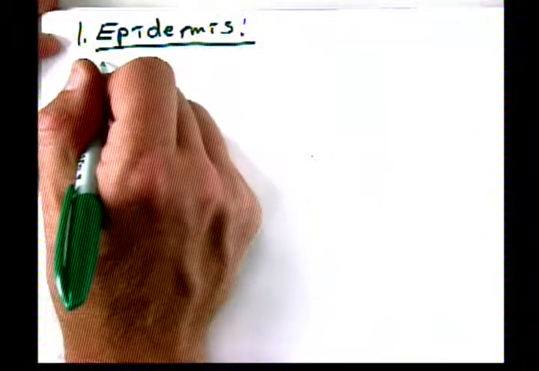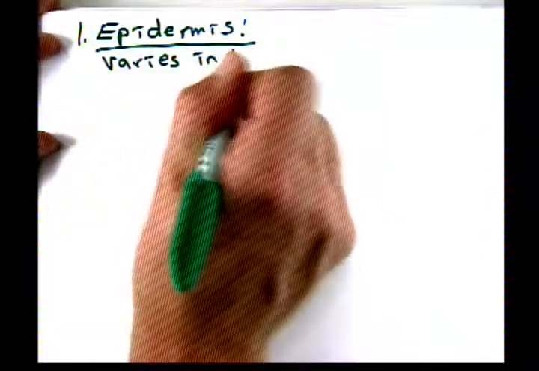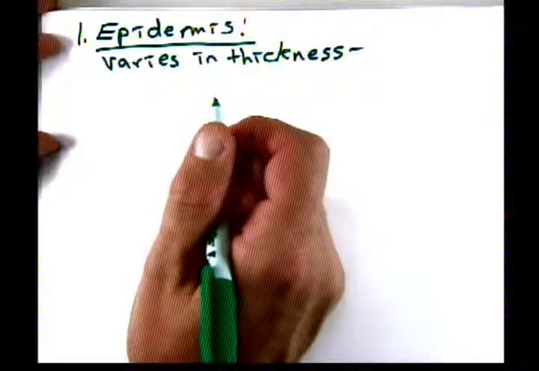And it varies in thickness. Now, Josh, let me ask you this. Do you know where is the thickest skin or epidermis on your body? Probably soles of the feet. Exactly.